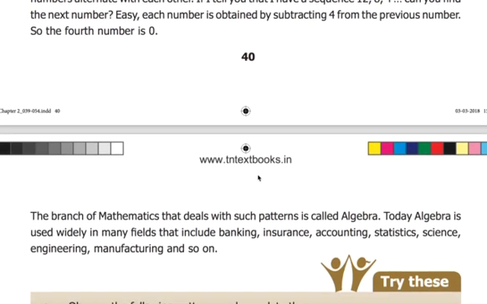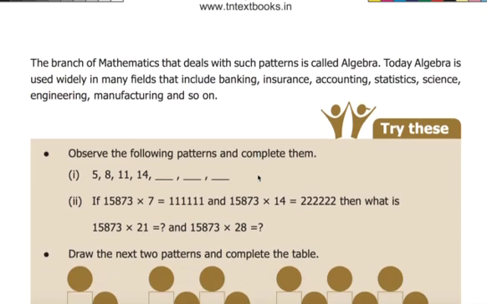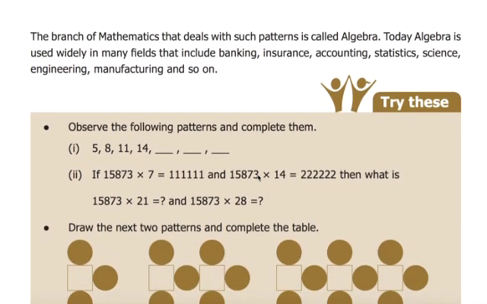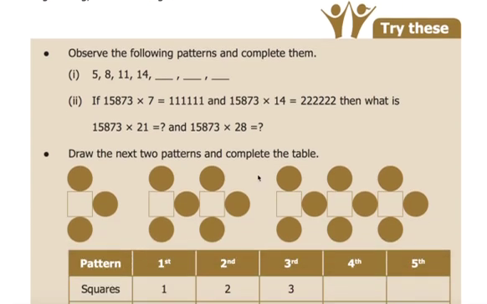The branch of mathematics that deals with such patterns is called algebra. Today, algebra is used widely in many fields that include banking, insurance, accounting, statistics, science, engineering, manufacturing, and so on.